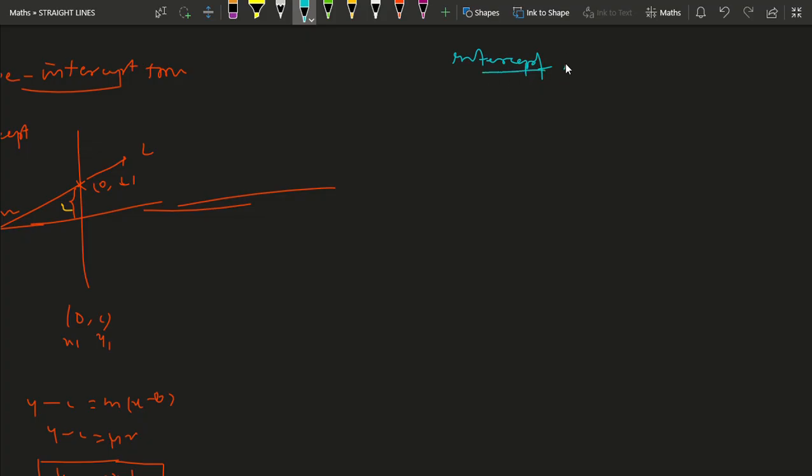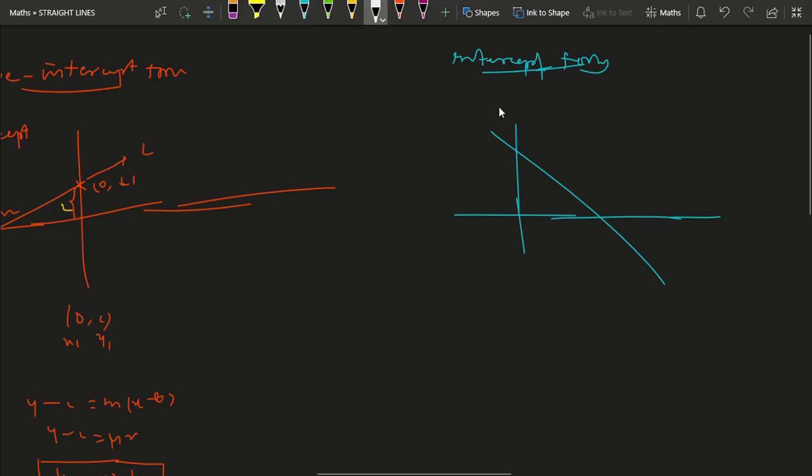Intercept form means, if I take a graph and construct a line, suppose a line L makes x-intercept A and y-intercept B on the axes.